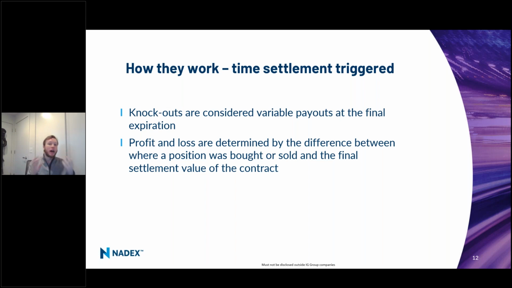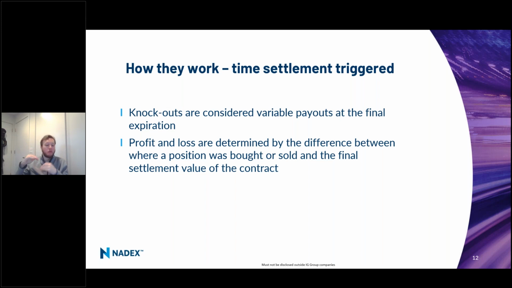But for the time settlement trigger, if it goes all the way to the end of the time, at that point, the market is still in between the floor and the ceiling. So what the payout will be at that point, and really what your profit and loss will be, is the difference between where you entered the contract and where the final price ended up.